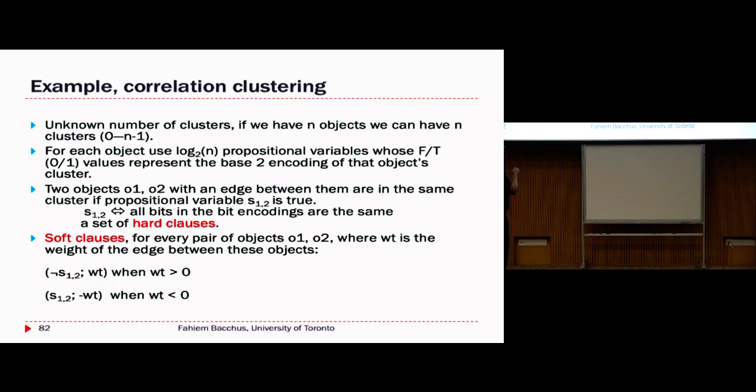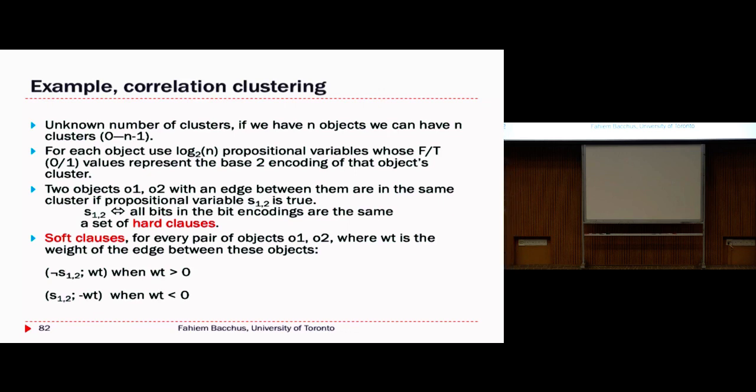So you have an unknown number of clusters, and what you can do is use a log2 encoding of the number of clusters that are possible. The most number of clusters you could have is 1 for every node, right? 1 for every vertex, so log2 of n. And then you define this propositional variable S, which says that for 2 objects, O1 and O2, this variable S12 is true if and only if those 2 objects are in the same cluster.